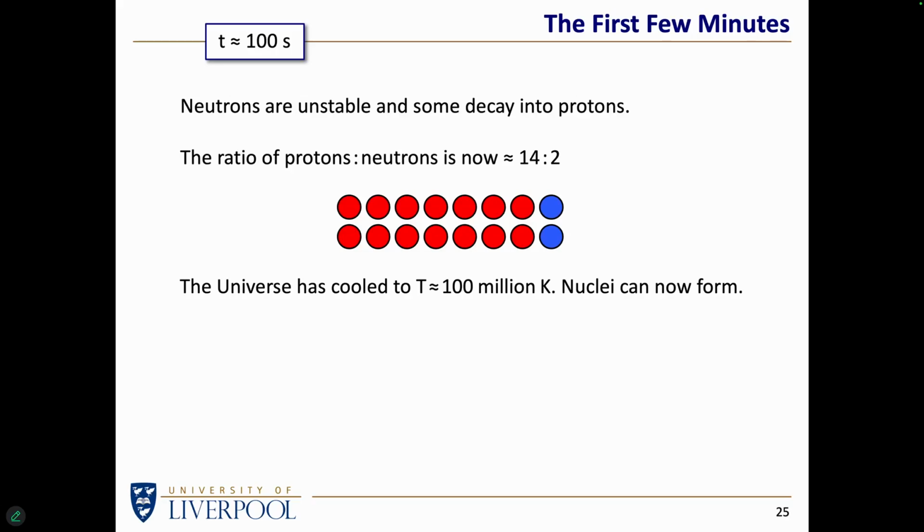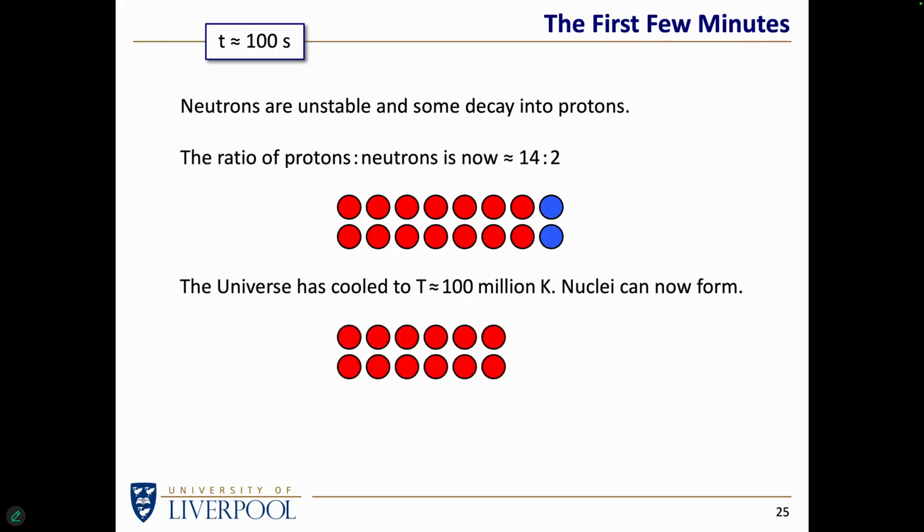But from this point onwards, after a few minutes or so, it is possible for protons and neutrons to get together and stick together. What they really want to do is to form the most stable structure they can, and it just so happens the most stable structure they can make is made of 2 protons and 2 neutrons, 2 reds and 2 blues. And so that's what happens.